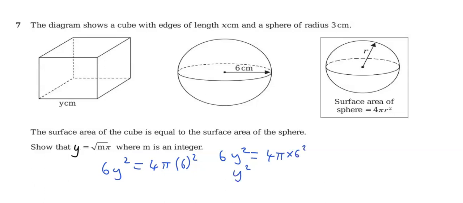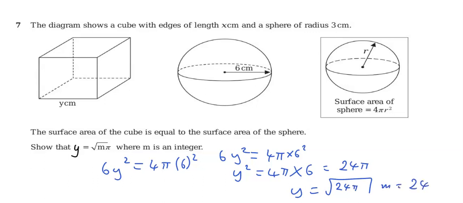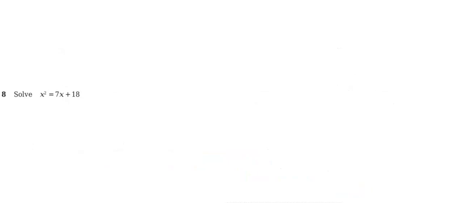I can divide both sides by 6 so that y squared becomes 24 pi. So y is the square root of that, and m equals 24.